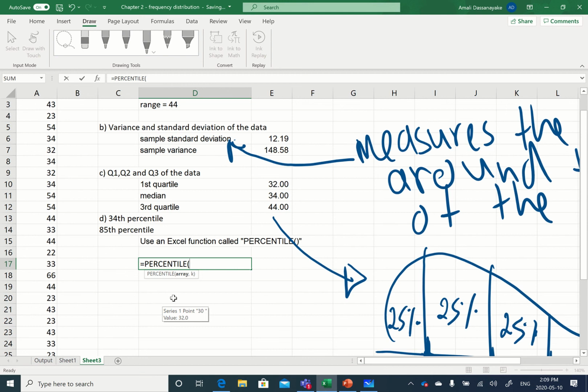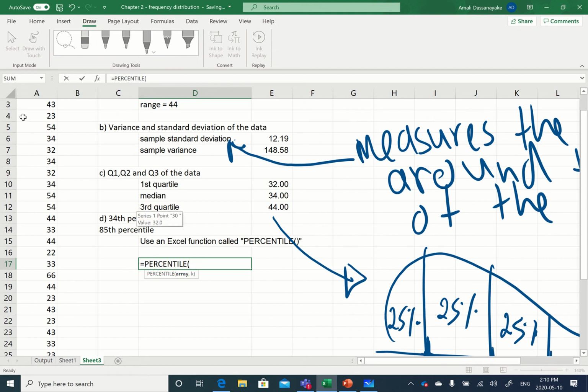Then you have these instructions down here. What do you need in order to calculate this percentile? Let's say I'm calculating the 34th percentile of this data set. First thing, array means your data set. You can see the cursor is blinking right after the bracket. That's where it should be.